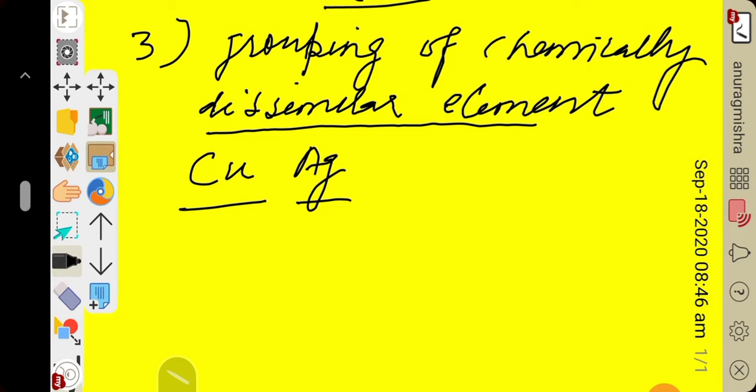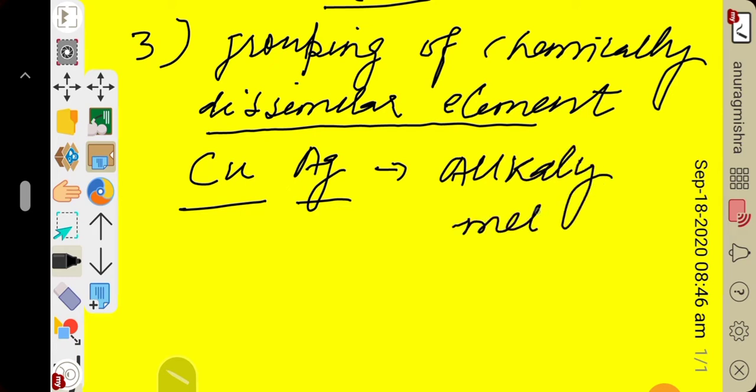Resembling means similar property to alkali metals, though they were placed in the group of alkali metals. So he could not explain why copper and silver were placed in the group of alkali metals, though they did not have any resembling property. Scientist Mendeleev could not explain the reason behind this.